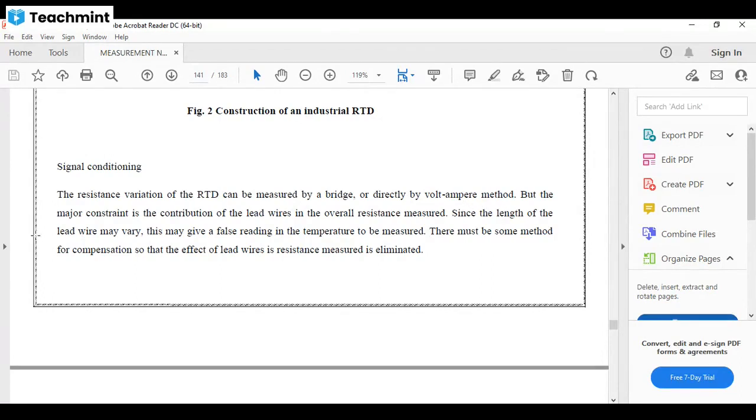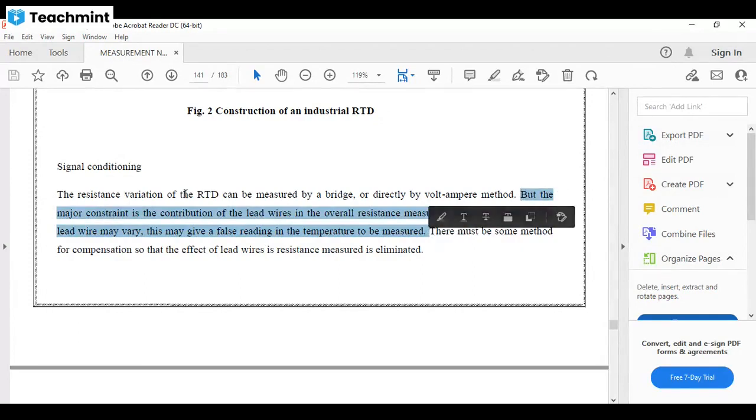But the major constraint is the contribution of the lead wire in the overall resistance measurement, since the length of the lead wire may vary and this may give a false reading in the temperature to be measured. So this is the most important point.